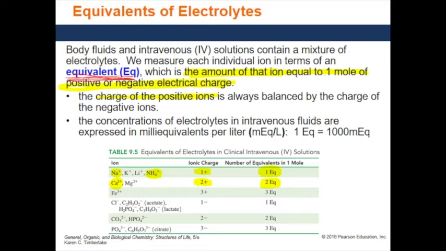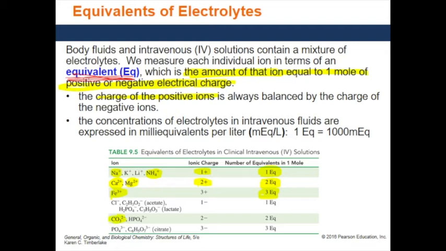Whatever is the charge on the ion, that is how many equivalents it is going to produce in 1 mole. Iron 3 plus has a charge of +3, so 1 mole of iron will produce 3 equivalents. So equivalence essentially means how much electrical charge each mole of this ion can produce. It can be positive or negative.